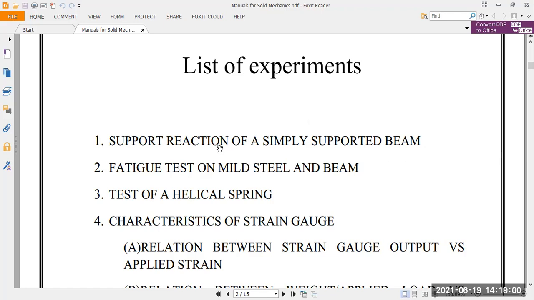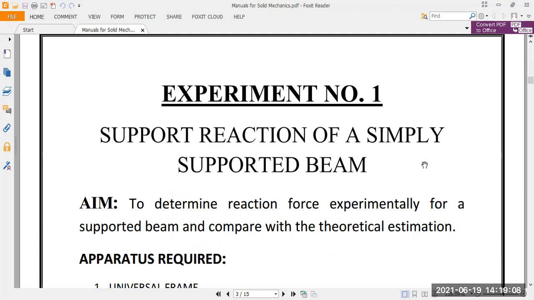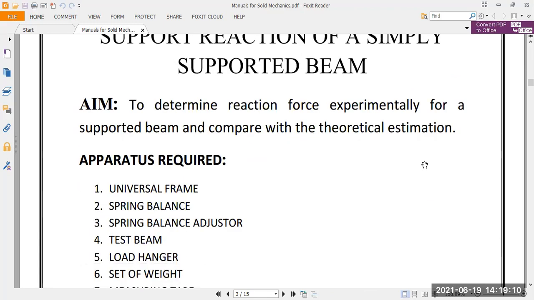Let us start with the experiment support reaction of a simply supported beam. And let me give you some recapitulation about the beam itself. In your third semester strength of material, there was a chapter, shear force and bending moments of a beam, and shear stress and bending stresses across a beam.